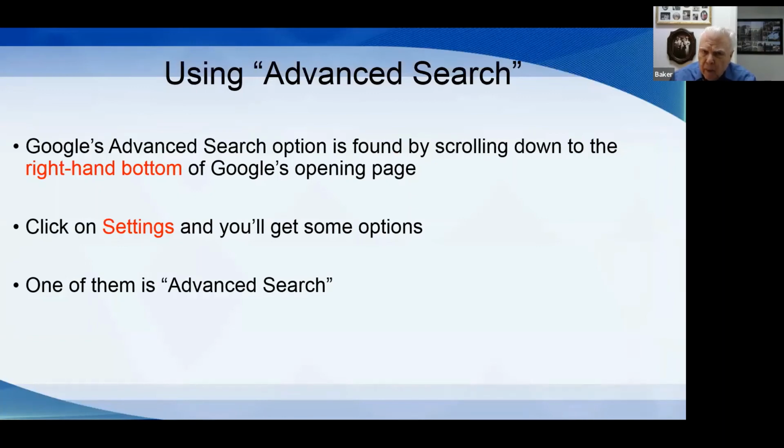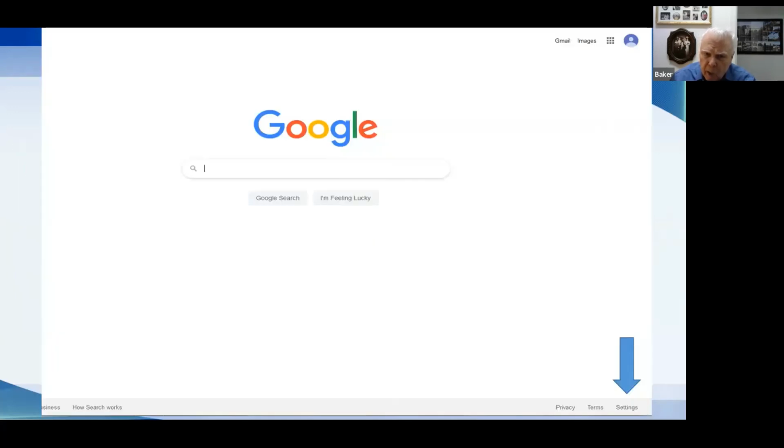Even better, Google has a thing called Advanced Search that I will wager that most of you have never used, but it is valuable. How do you find it? Where is it? You'll find it by scrolling down to the right-hand bottom of Google's opening page. There's a place there called Settings, and you're going to get some options.